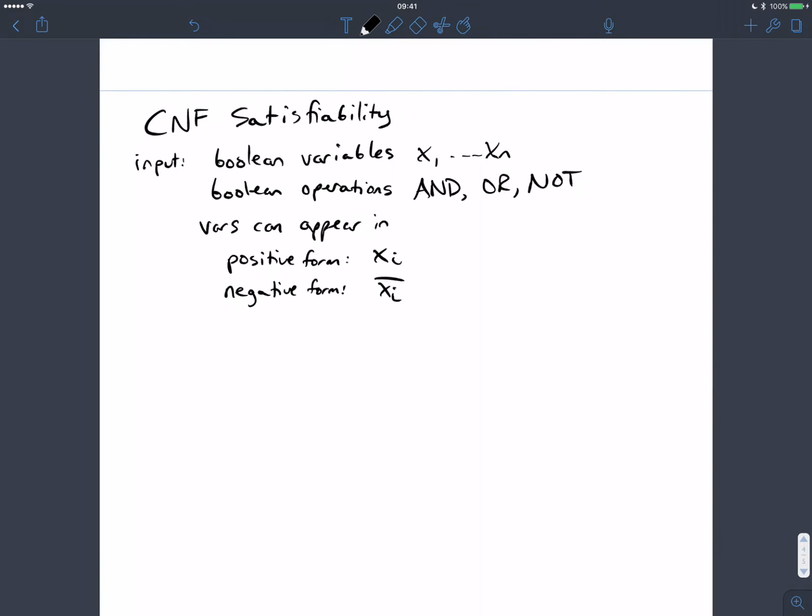Let's see. What we're going to define now is a clause. So this is an or, what is called a disjunction, of what are called literals. And these individual, either positive or negative form, those are literals.